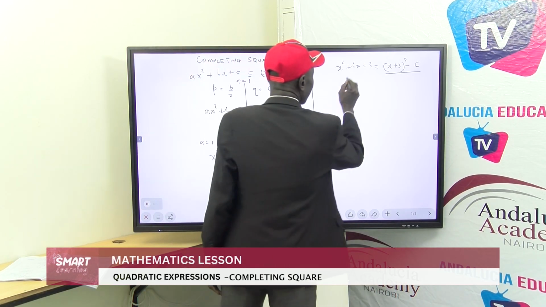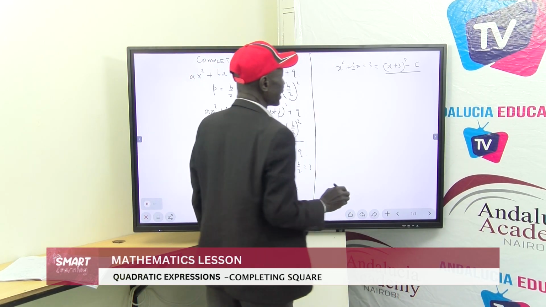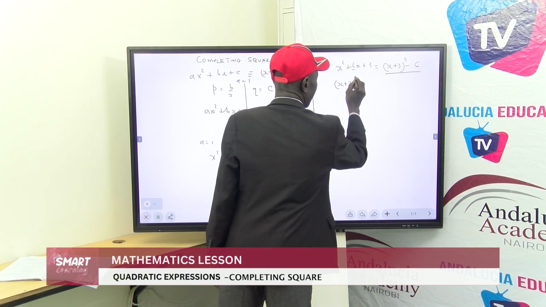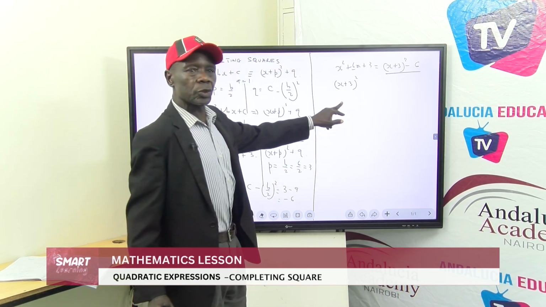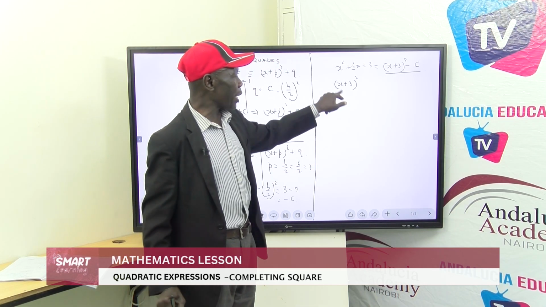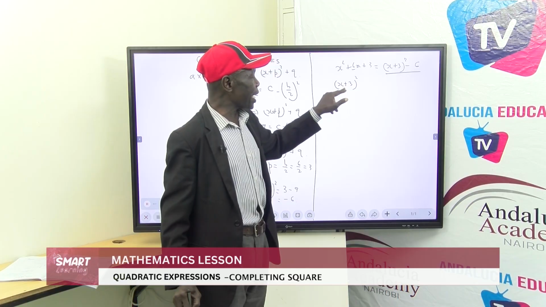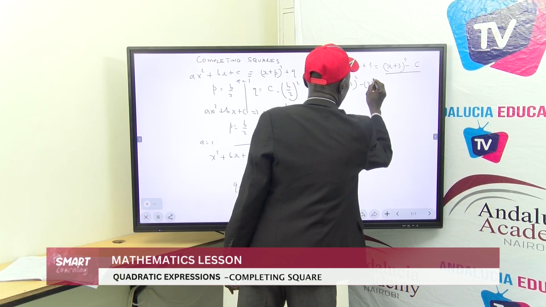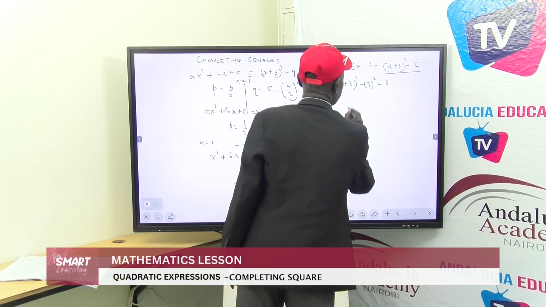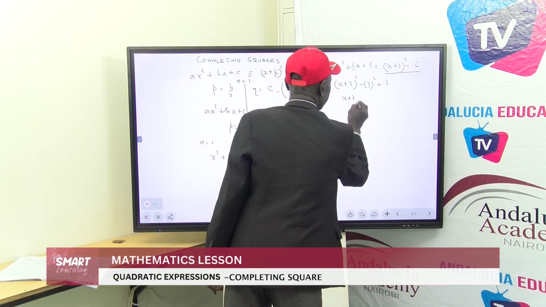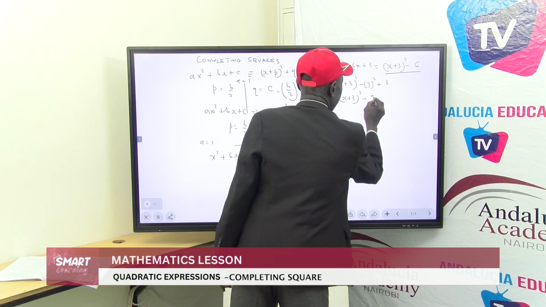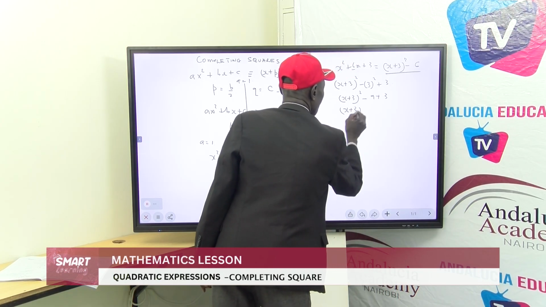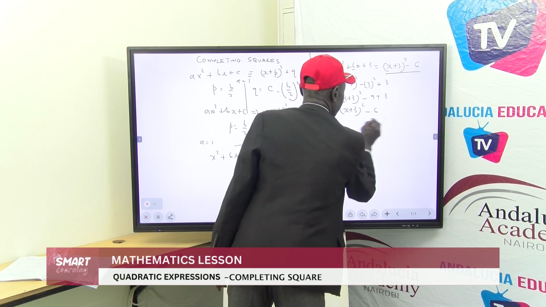Now, instead of using the formula, let me take you step by step. So, our b is that, and I'm going to divide it by 2. So, I have x plus 3 squared. And then make sure that you subtract the square of your p, which is the b over 2. So, minus 3 squared plus 3, which gives you x plus 3 squared minus 9 plus 3, which will be x plus 3 squared minus 6.